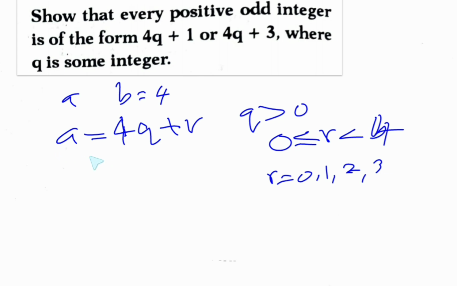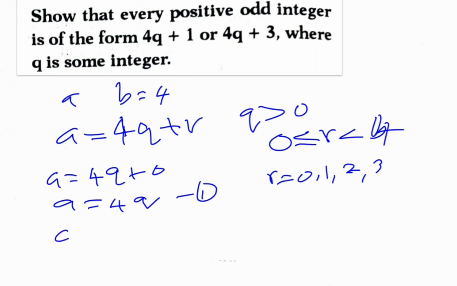Now apply in this equation: a equal to 4q plus 0 if r equal to 0, and this is a equal to 4q, the first one. The second one, a is equal to 4q plus 1, this is number 2, if you take r equal to 1.